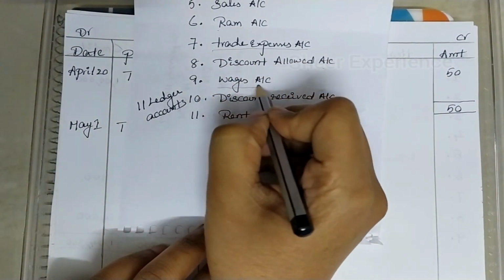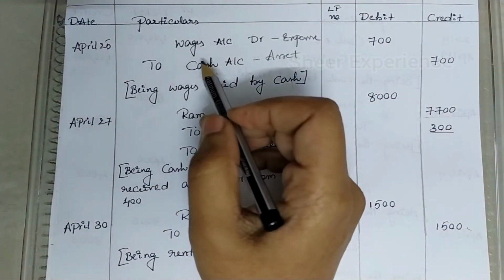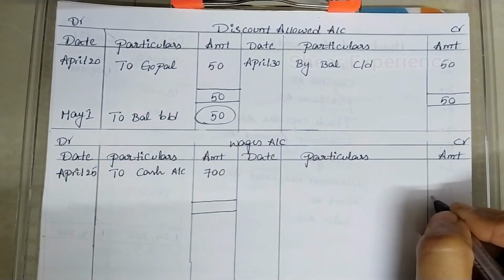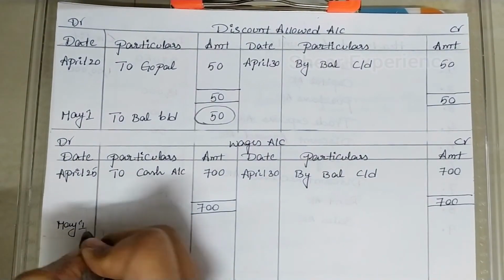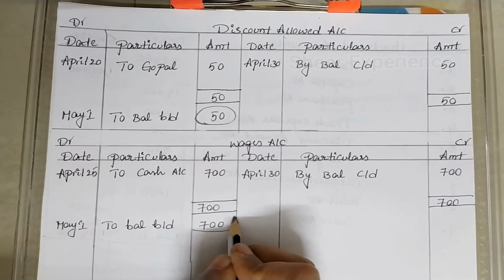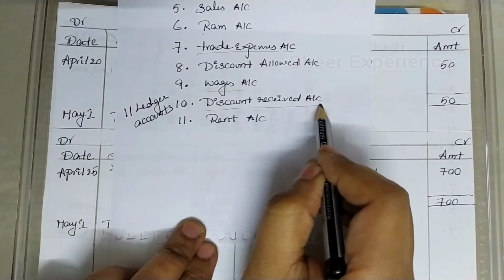Next account is wages account. Here cash is credited. So we will put it in the debit side in the ledger account. Wages account balance is 700. Next account is discount received account.